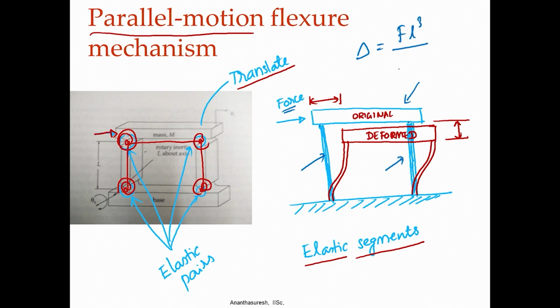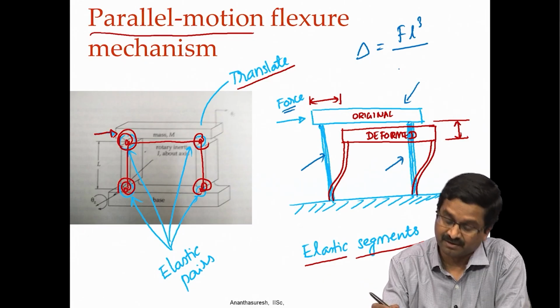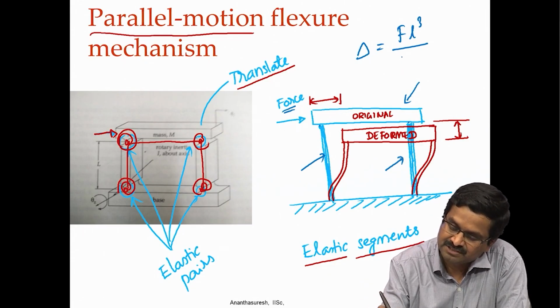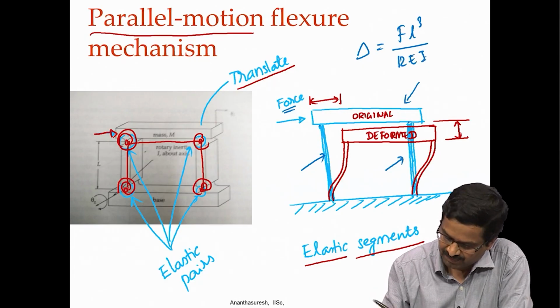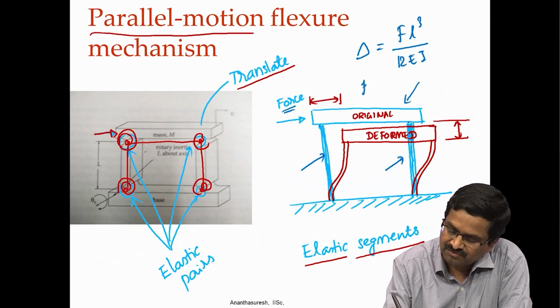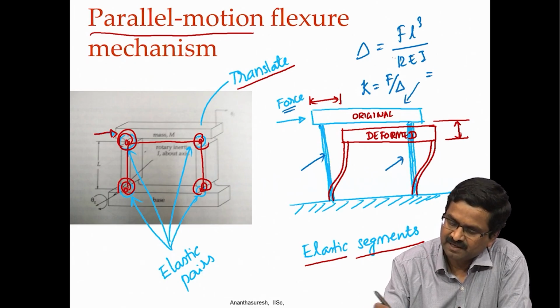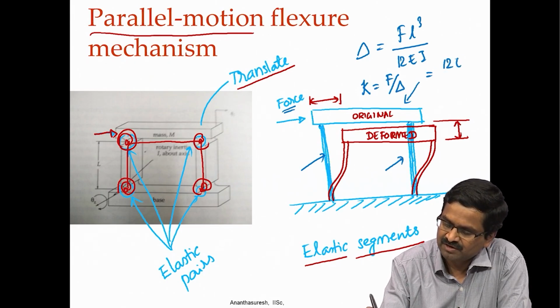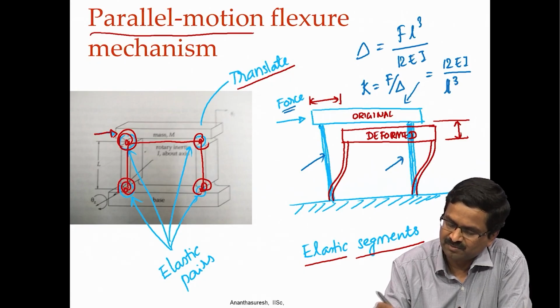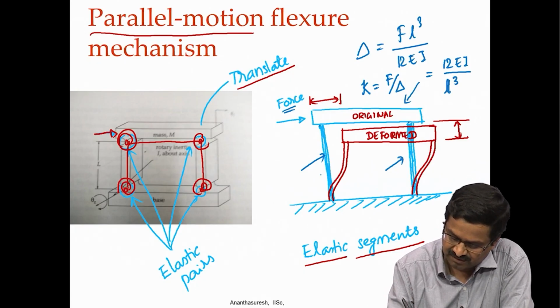So, the delta that we have here is F L cube by 12 E I. If I first get the stiffness constant, the spring constant will be F divided by delta, that will give me 12 E I by L cube, that will be the k for each beam.